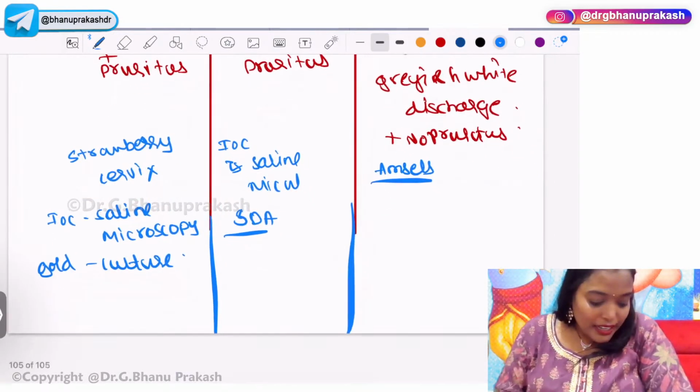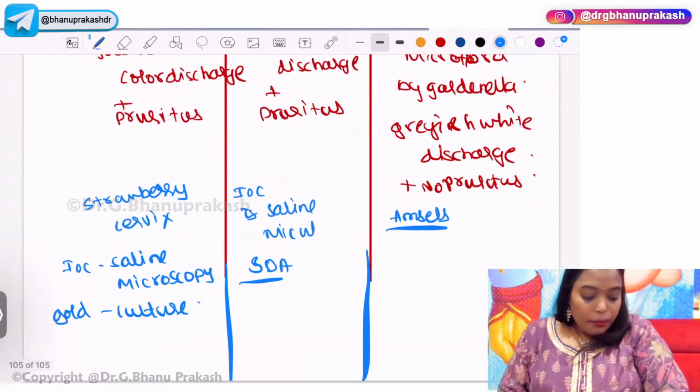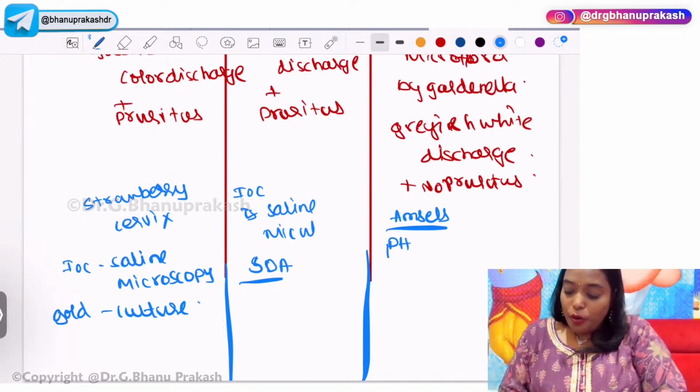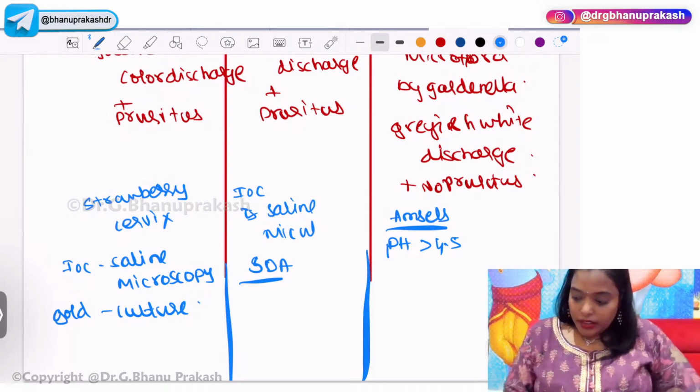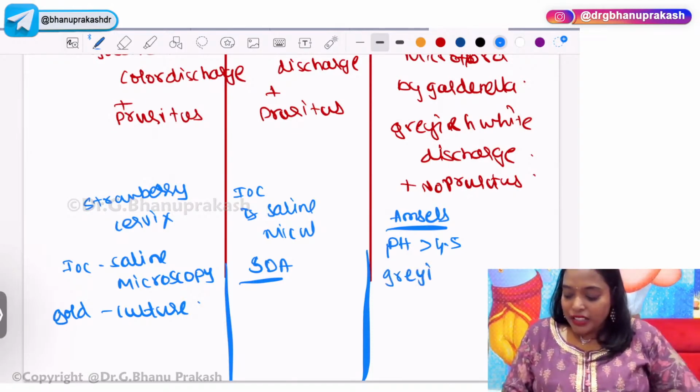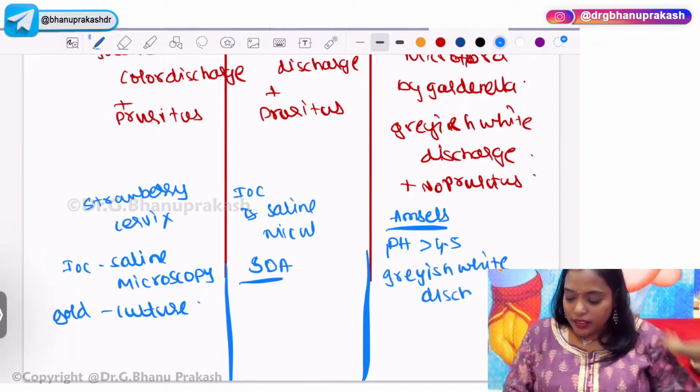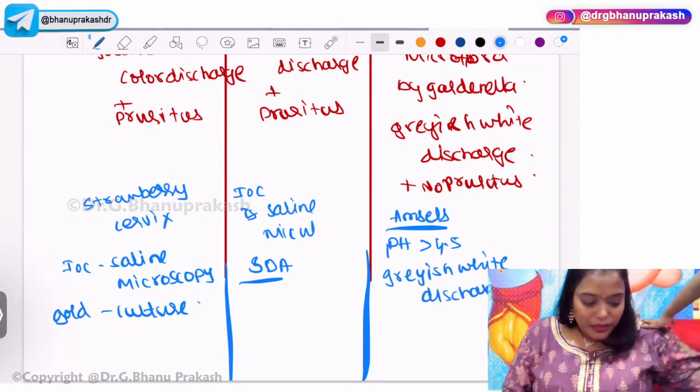Here we have Amsel's criteria. What is Amsel's criteria? pH should be more than 4.5. There will be grayish white discharge.